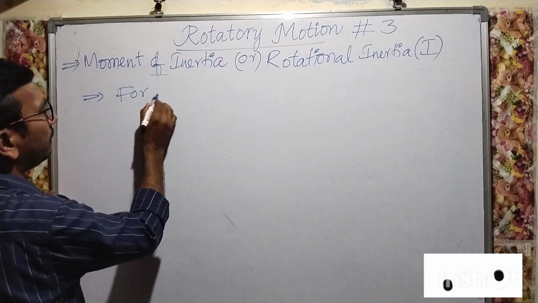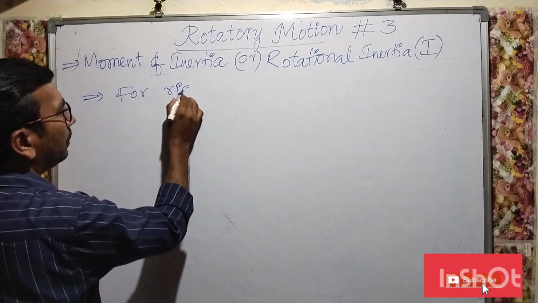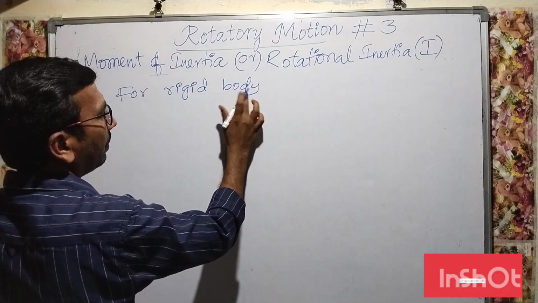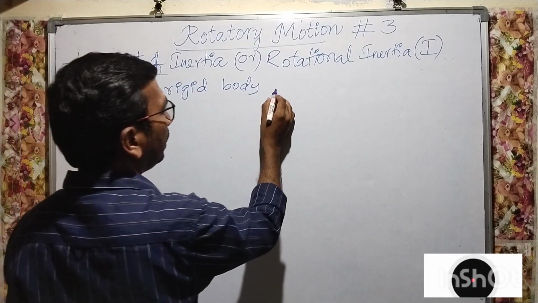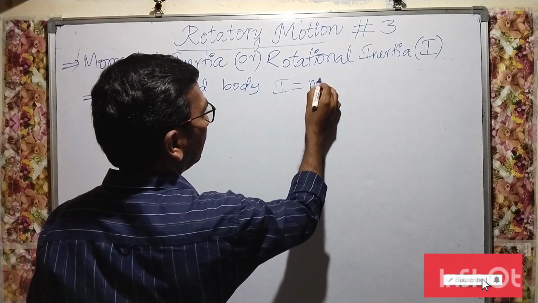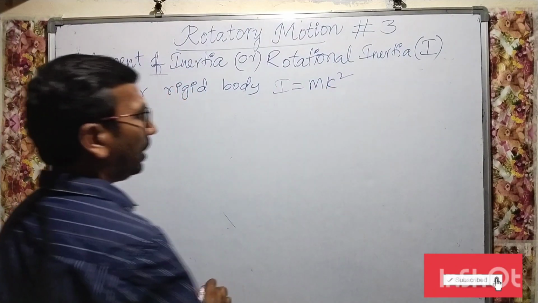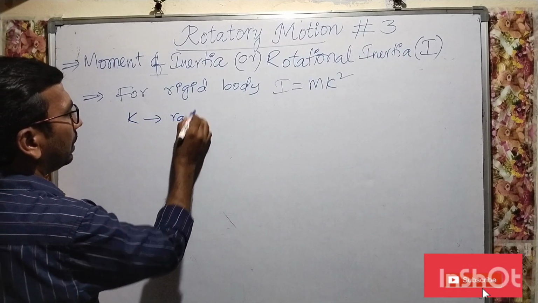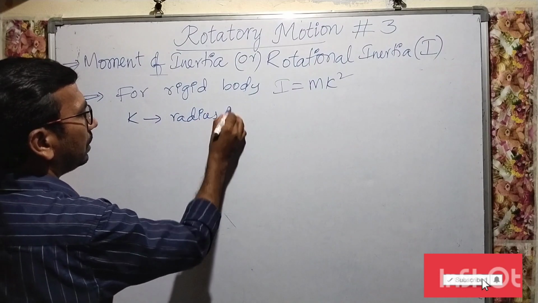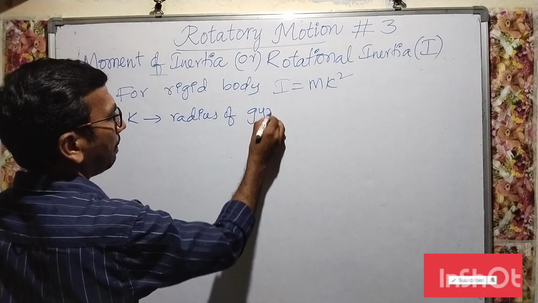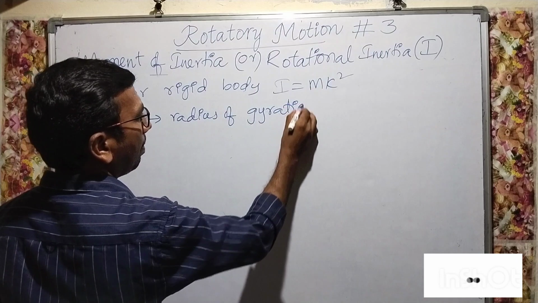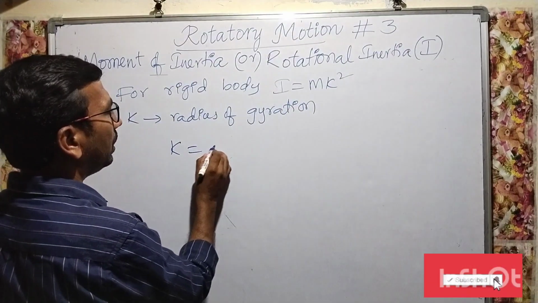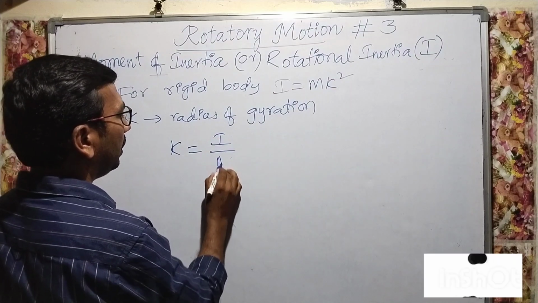For a rigid body, MOI I is equal to mk square. K stands for radius of gyration. So K is equal to the square root of I by m.